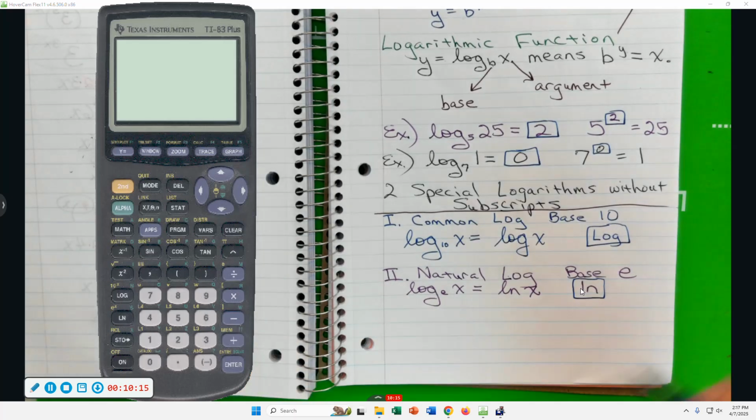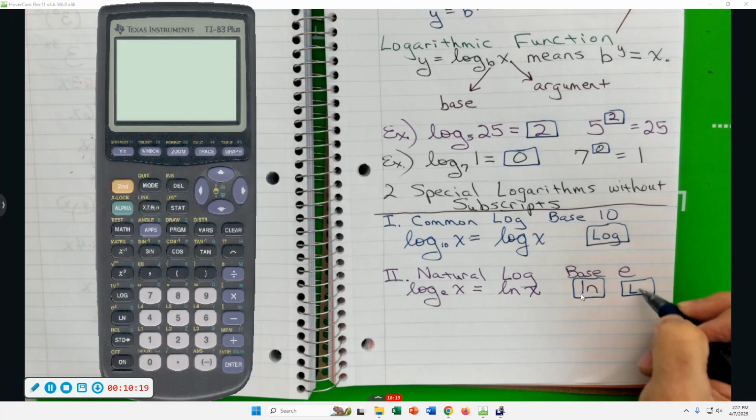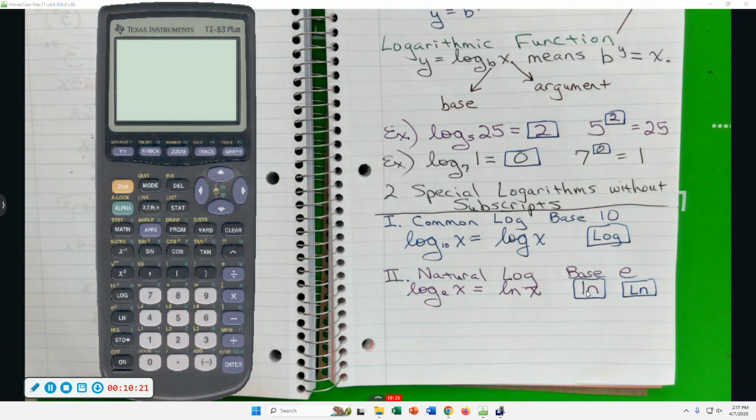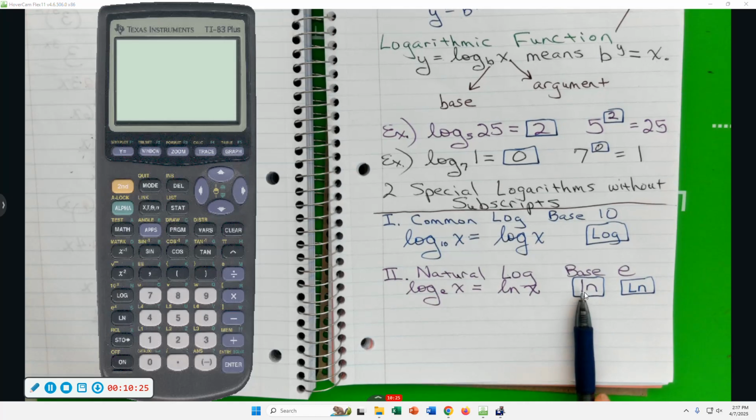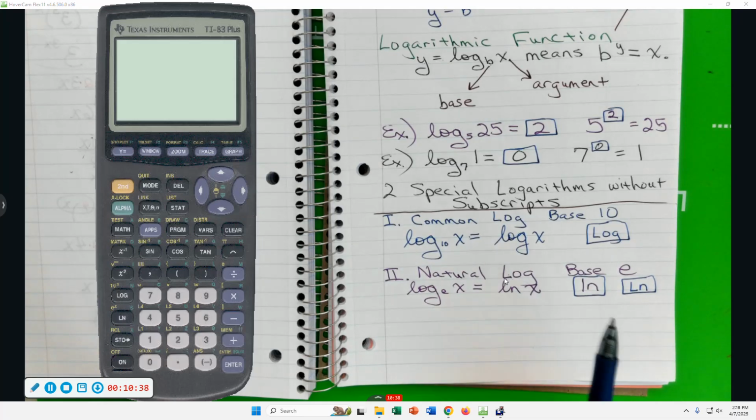On Pearson MyLab, never type capital letters and never hit spaces either. No space, no capital letters. If it's not a capital I, it's a letter, it has to be a lowercase l. If you remember, logarithm starts with the letter L, then you shouldn't have a problem with it.